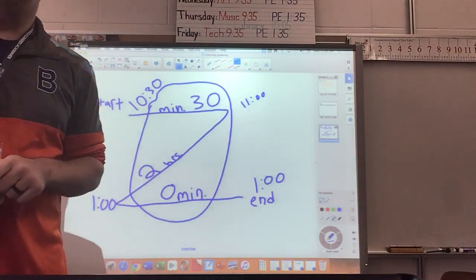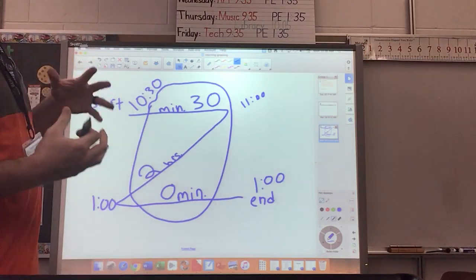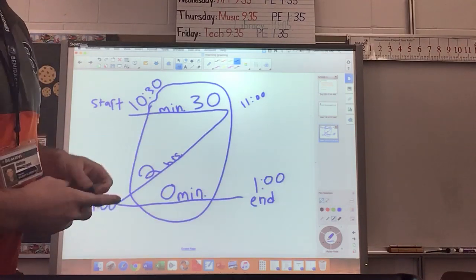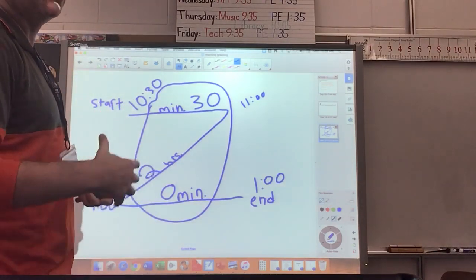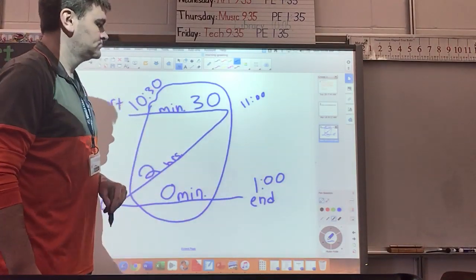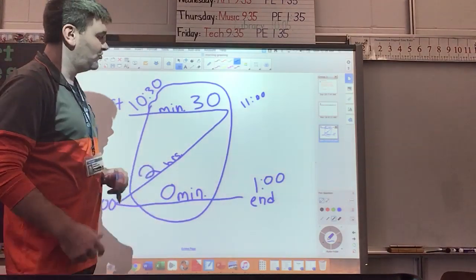I first want to make sure that I look at my minutes, just because if I add together and I get to 60, just like in regrouping, those 60 minutes are going to regroup to 1 hour. Now here, 30 plus 0 is just going to be 30, and then I have 2 hours.